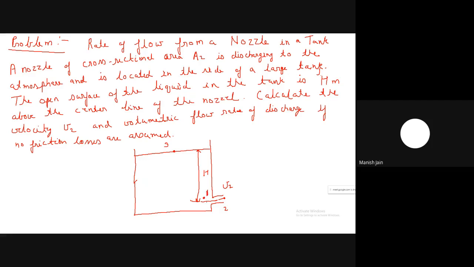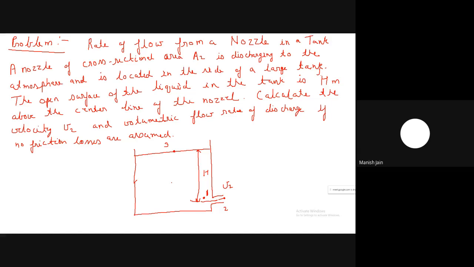Okay. Now what you have to do? You have to do the mechanical energy balance. So you have to use the Bernoulli equation between point 1 and point 2, and then point 3 and point 1. That will give you the actual value of the velocity.